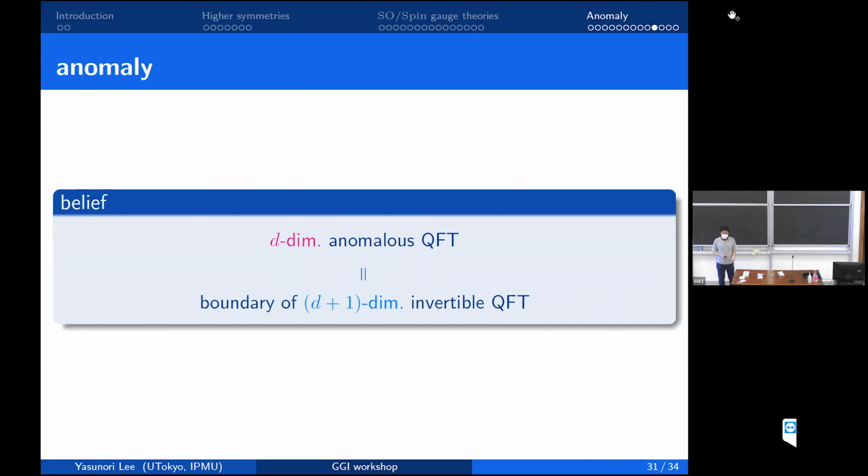So that's the belief. And based on this belief, one can classify possible anomalies in terms of Bordism groups, since the invertible QFTs were classified by Bordism groups. So that's how they should be related.